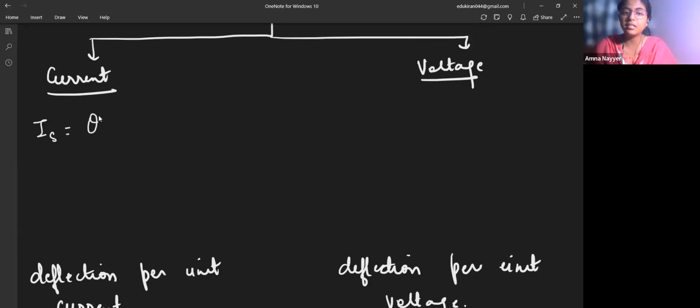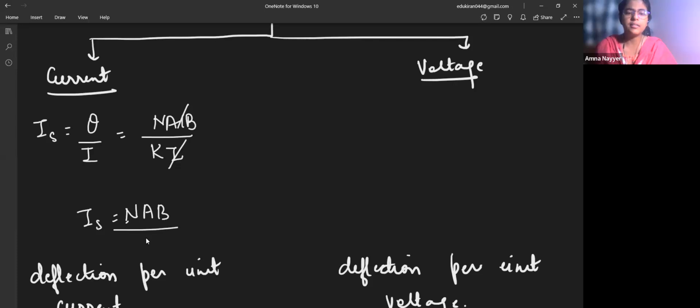We have just derived deflection. What was the formula of deflection? NIAB divided by the spring torsion constant K, and here I gets cancelled. So the value of current sensitivity is NAB divided by K.